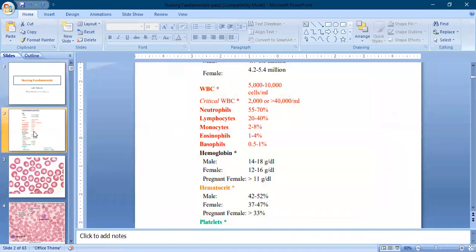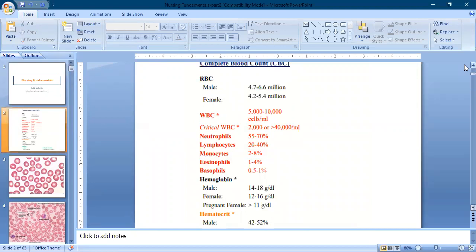So what are the functions of the red blood cell? Don't say only carry the oxygen. They also carry out the carbon dioxide. They also carry the micronutrients for cellular metabolism, meaning they provide nutrition to the cell, right?